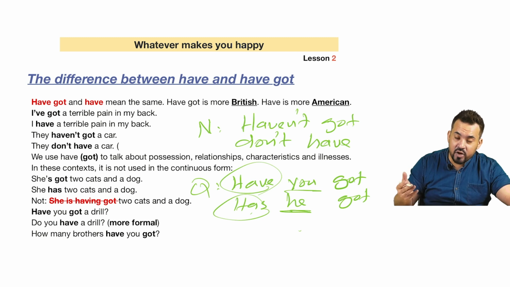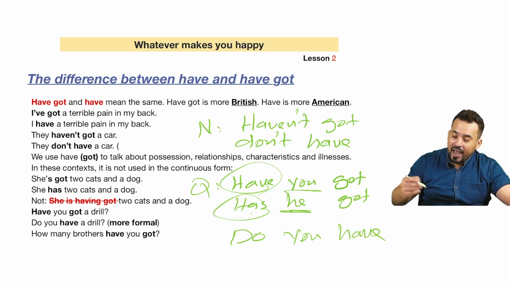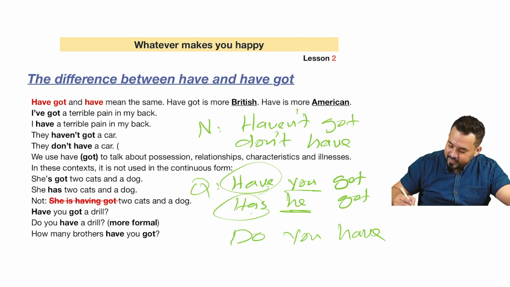So in case of the questions, have will become do. Do you have? Okay, so have you got will become do you have. Has he got will become does he have.